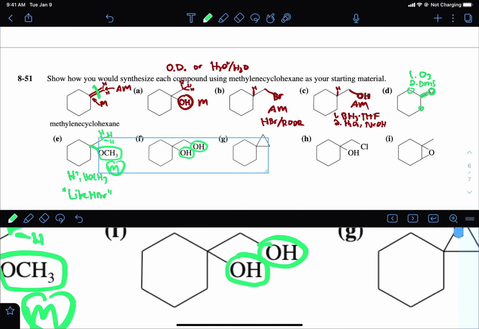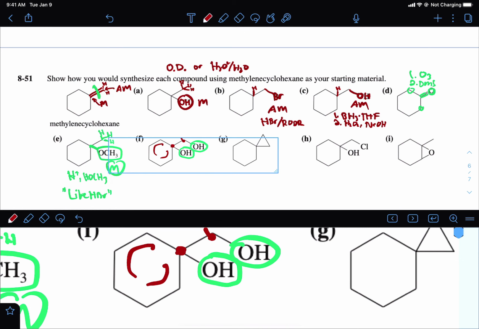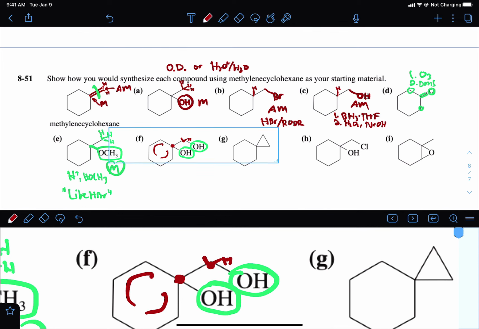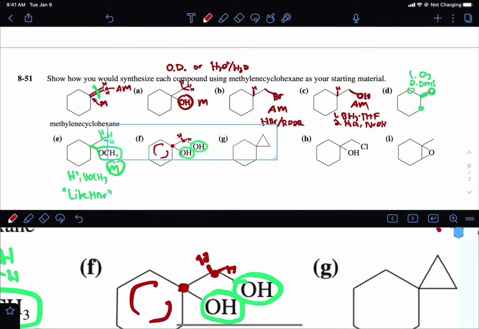Neither of these carbons is a stereocenter. That carbon has two symmetrical ring groups, and this carbon has two H's. So there's literally no way to differentiate between the outcome if these OHs add syn or anti.